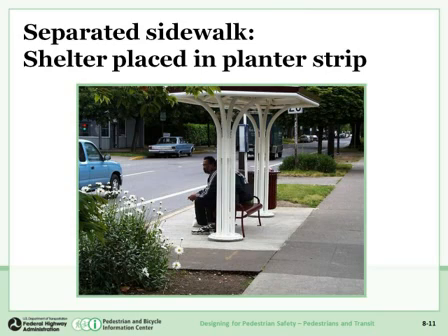In this picture here, you can see that this shelter is placed in the furniture zone, which is typically a good place for a bus shelter. If you recall, in one of the previous modules, the sidewalk zone system was discussed, where the zone closest to the roadway was called the curb zone.